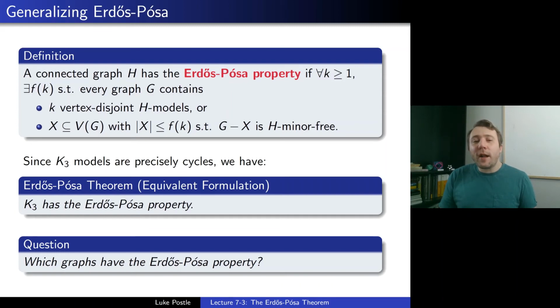What about other cycles? If H was C4, can I find either k vertex disjoint C4 models, i.e. cycles of length at least 4, or remove a set of vertices to get rid of those long cycles? And more generally, if H was C100, it would be doing that. But maybe there are even crazier graphs for which this is true.